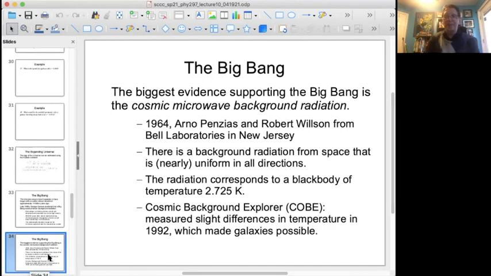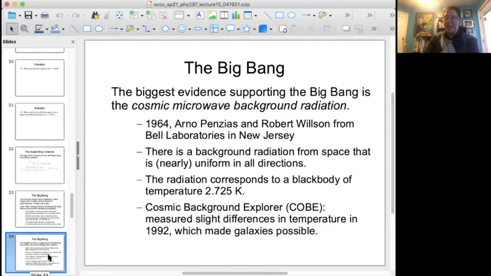And so the background radiation was nearly uniform in all directions. And so the radiation corresponds to a black body of temperature 2.725 Kelvin. So basically, what Gamow expected it to be.